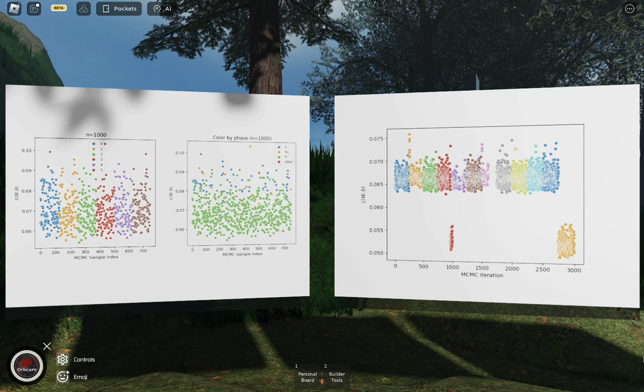Okay, so if you look on the right-hand side, these are sort of health diagnostics. If they look okay, it doesn't mean that nothing is wrong. But if they are bad, you know something is wrong, and that's what's happened on the right-hand board. You see that there are certain chains, for example that orange chain at the end there, which never explore anywhere else.